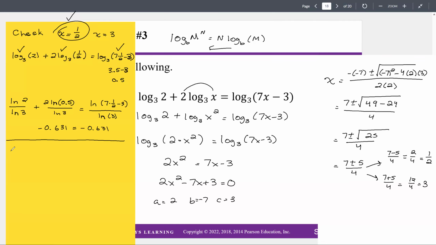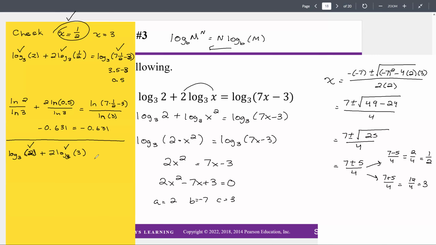So now let's check the other one. If I do a log base 3 of 2 plus 2 log base 3 of 3, once again, this one's okay because there's a log of a positive.